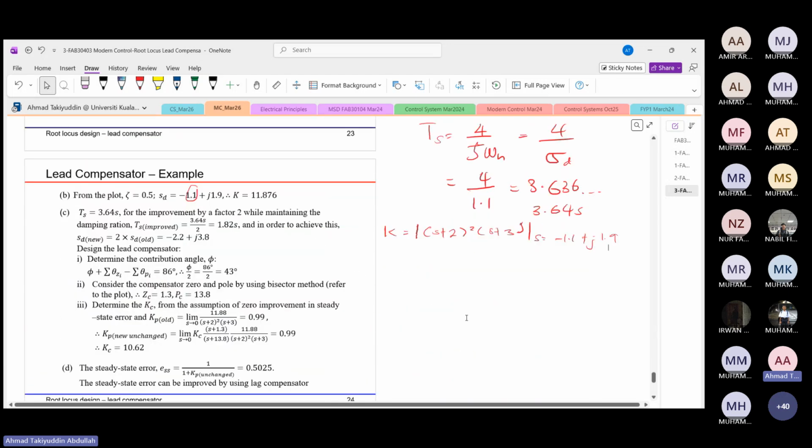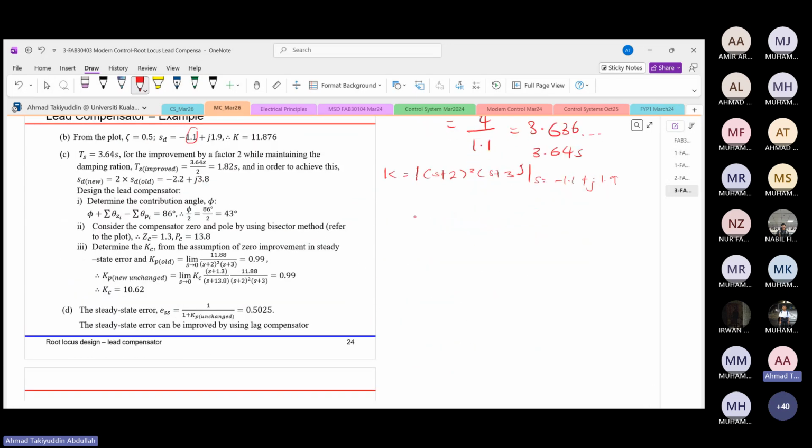I can just write it as phi plus summation of theta zi minus summation of theta pi equals 180 degrees.